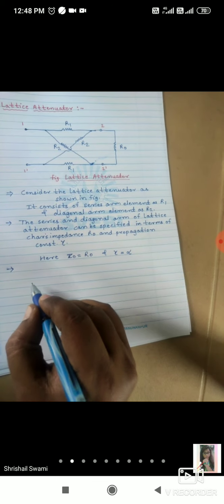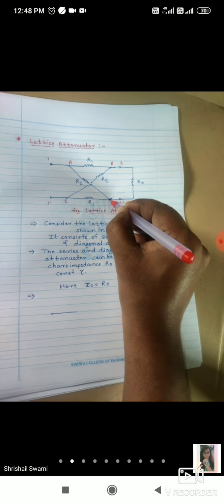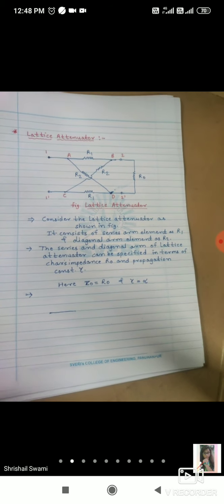First of all, I will redraw the diagram once again, because we are applying KVL, and I will also rearrange this circuit in a proper way. For that, in the above diagram I will name the nodes. This is A, this is B, this will be C, and this will be D. So A, B, C, D. I will rearrange this diagram in the form of a Wheatstone bridge.